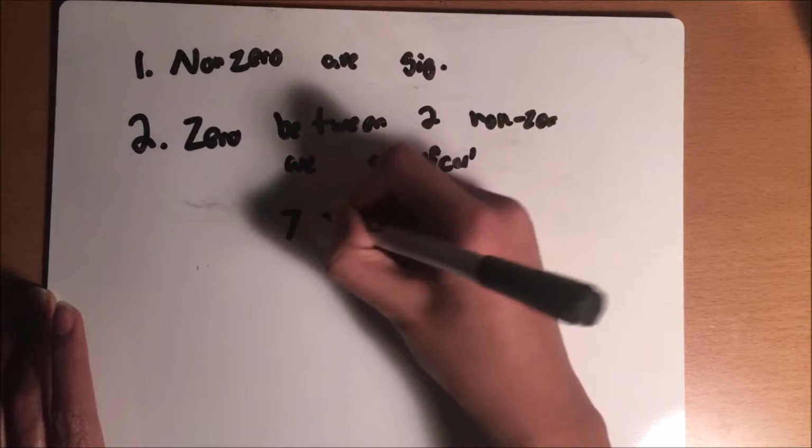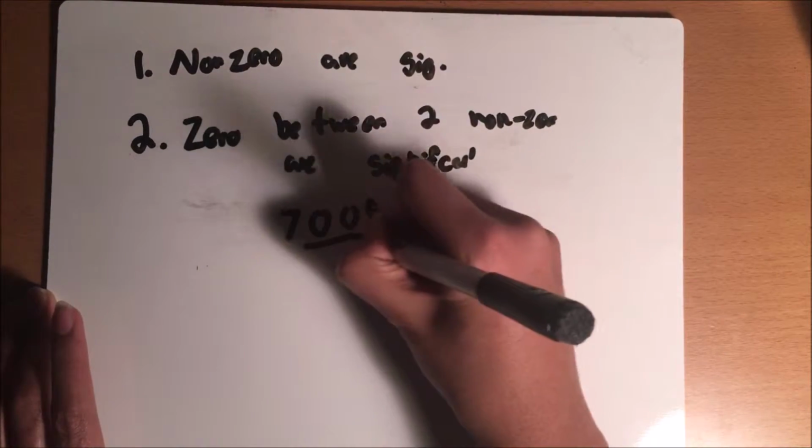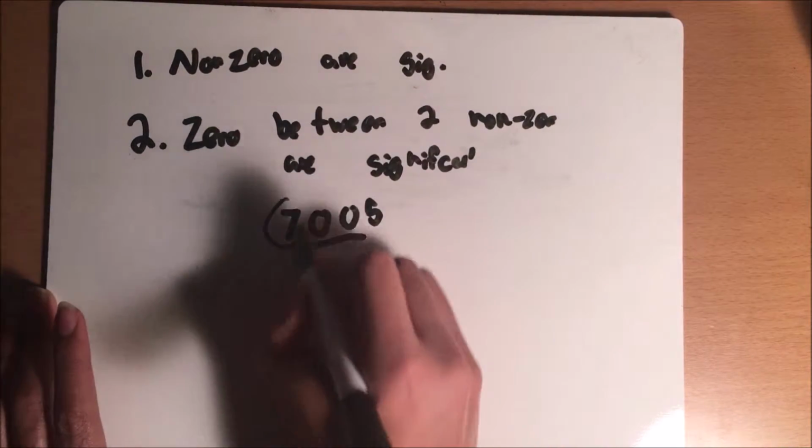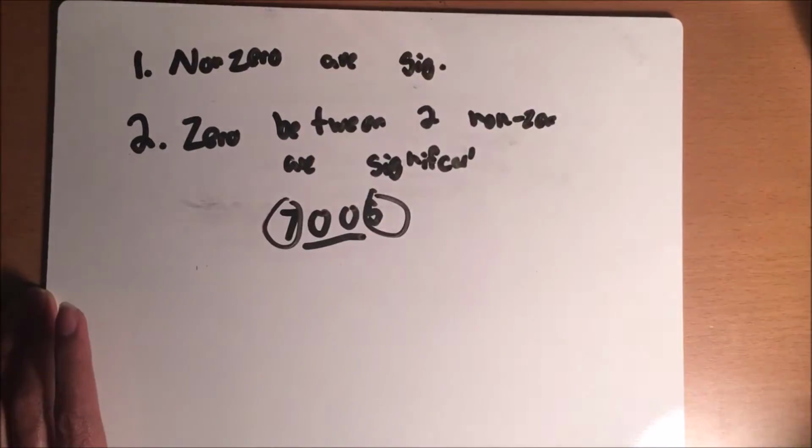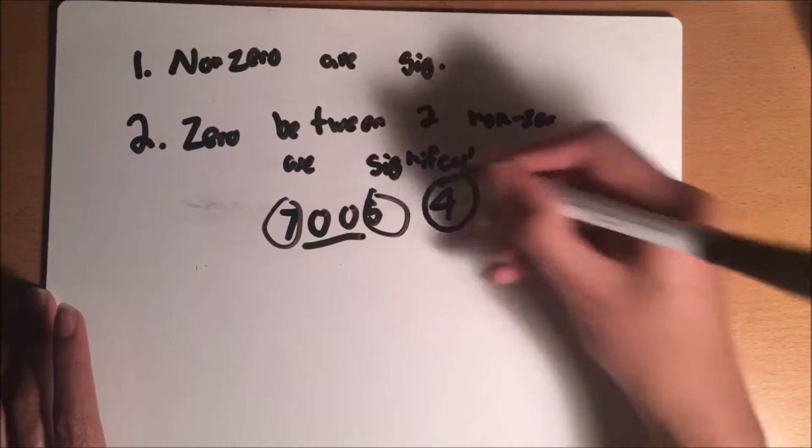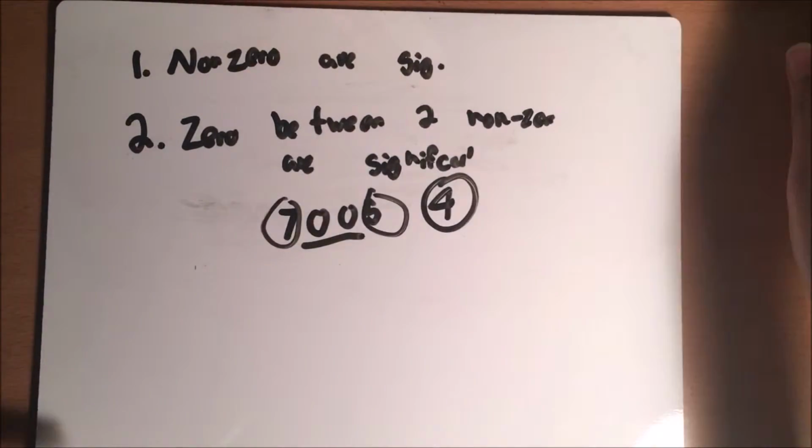So in the number 7005, these two zeros, because they're between the 7 and the 5, are significant. So this one has 4 significant figures.